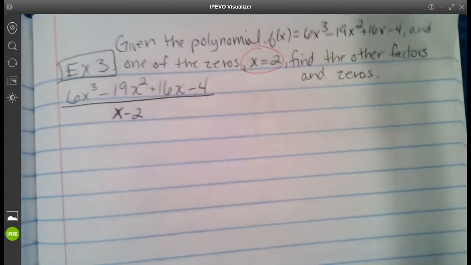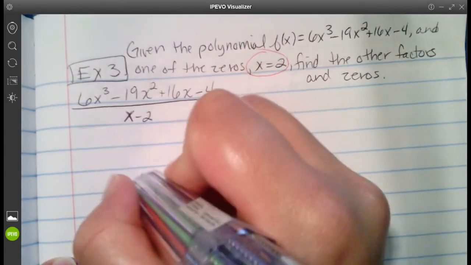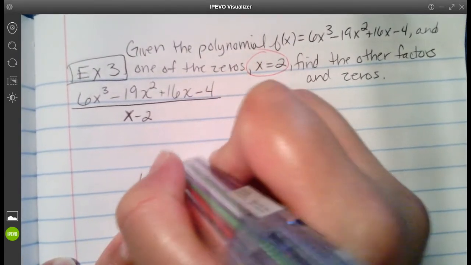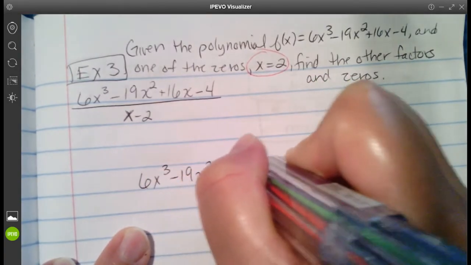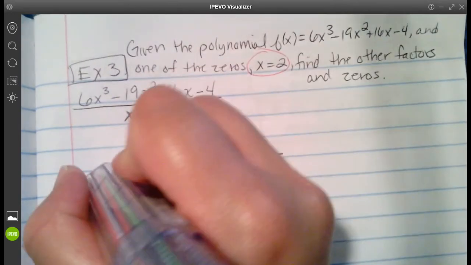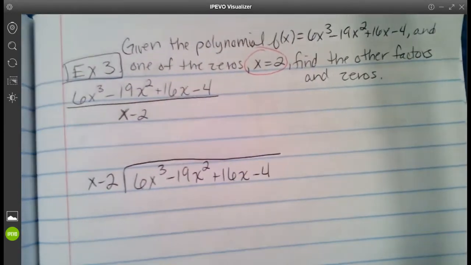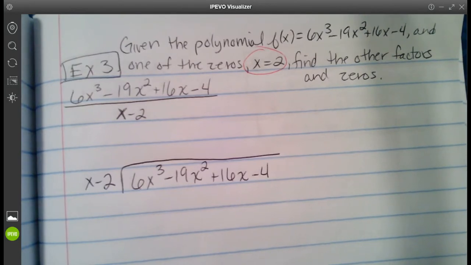I have a whole page for this one because I don't know how long it's going to take us. So let's see. We have 6x cubed minus 19x squared plus 16x minus 4 divided by x minus 2. And I believe this one should go in evenly. So let's see. If it goes in evenly, that means that we're going to have a remainder of 0.